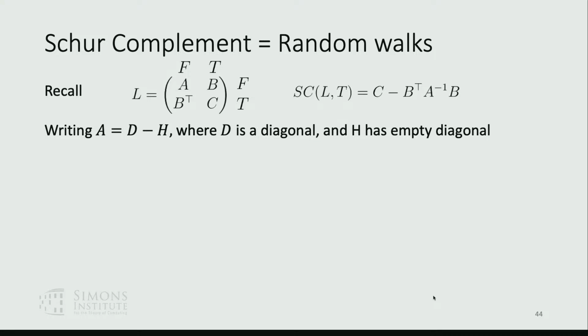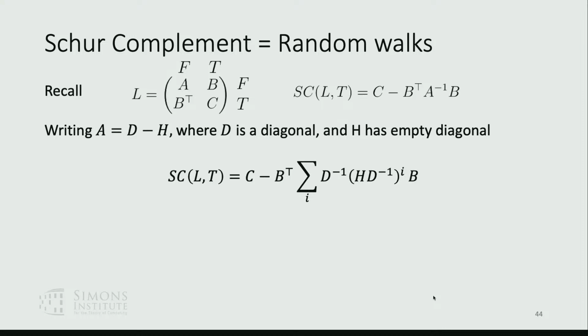So let me apply that power series expansion to this A inverse here. It needs some more manipulation because it's not identity, but you can factor out identity one way or the other, and you get an explicit equality that the Schur complement is exactly equal to C, which is your original matrix entries in the T by T entry, minus B transpose times an expansion for A inverse.